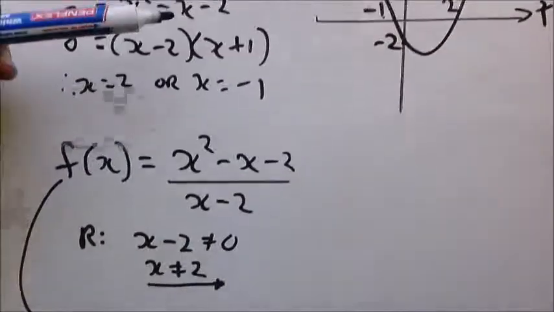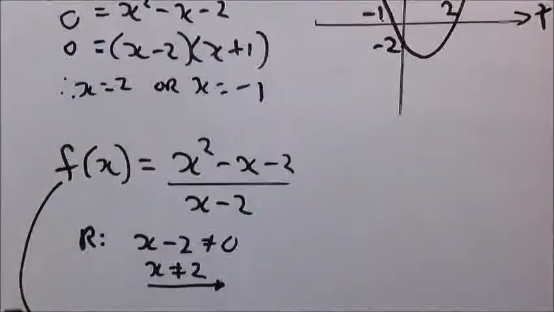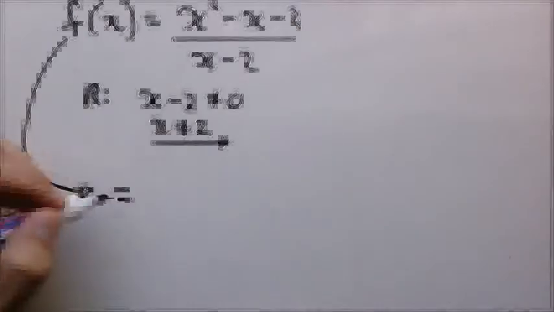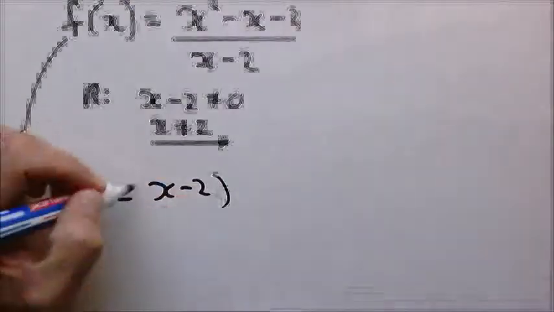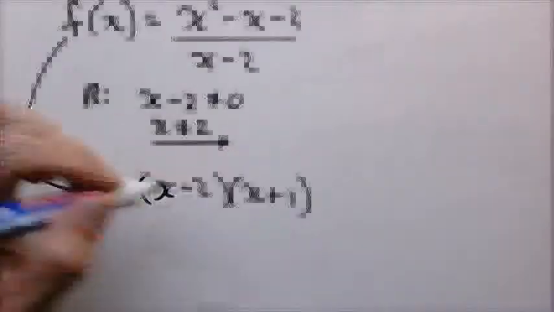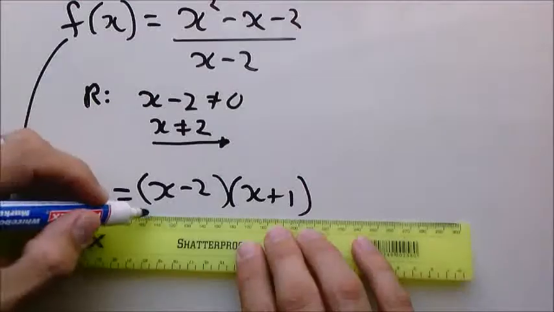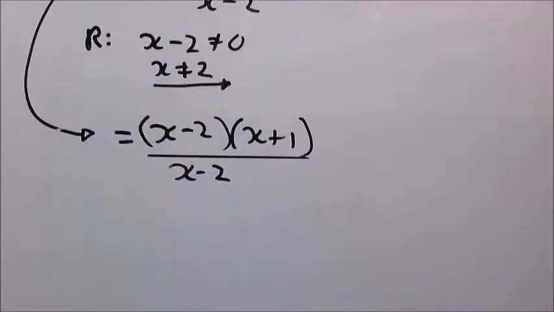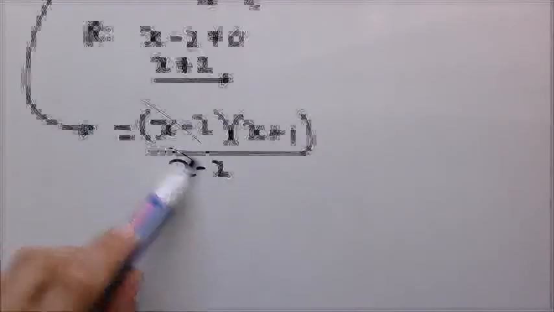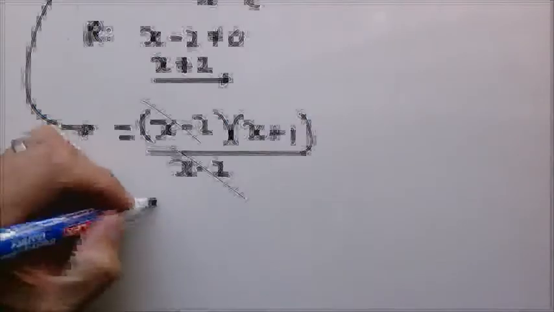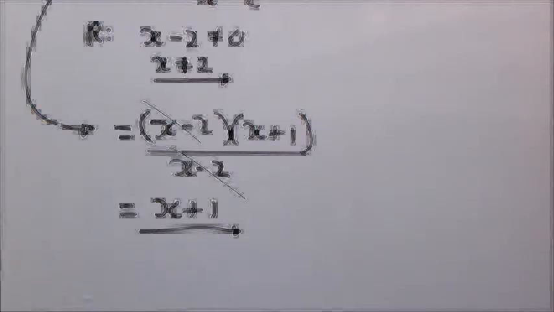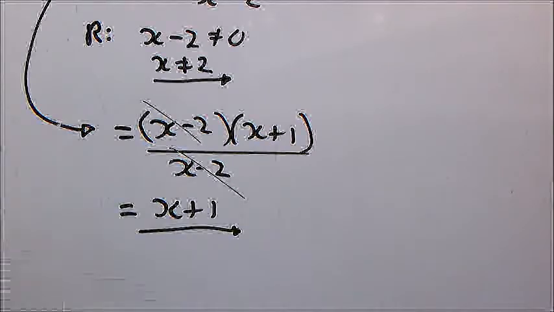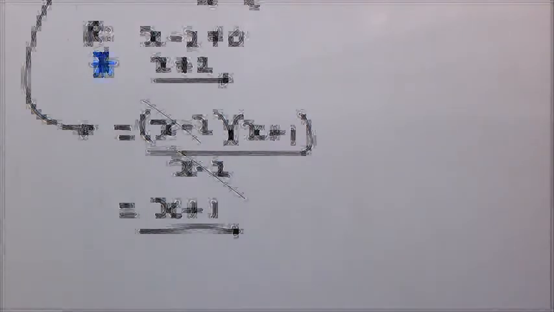By looking at the previous example, you know we can factorize it, and it will become x minus 2 times x plus 1. So this will become equal to x minus 2 times x plus 1 divided by x minus 2. Now, mathematically speaking, we can just cancel these two brackets out, right? And then it would become x plus 1. And that is the final answer. Keeping in mind that we have a restriction over there.